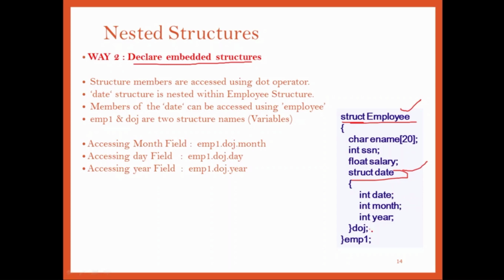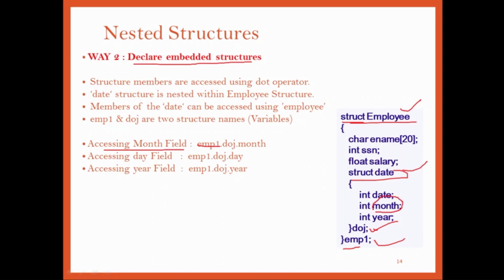Then here EMP1 and DOJ are the two structure variable names. First, we are accessing the month field by using EMP1 dot DOJ dot month.